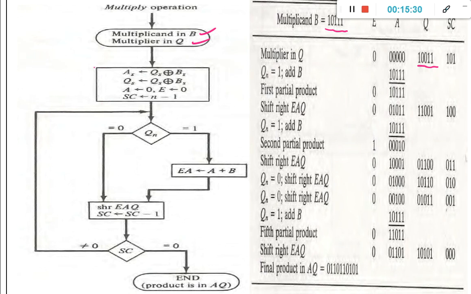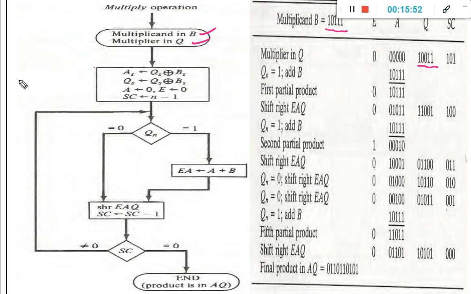Similarly, we change the sign bit for QS also, by assigning QS exclusive OR BS, the resultant product's sign bit. Next, coming to the A and E values.